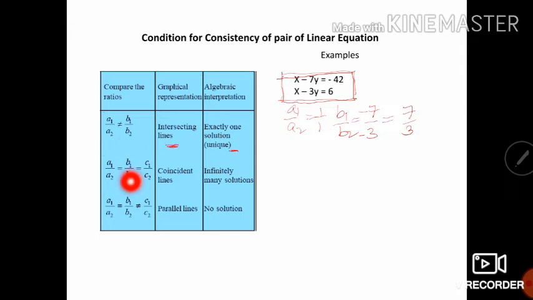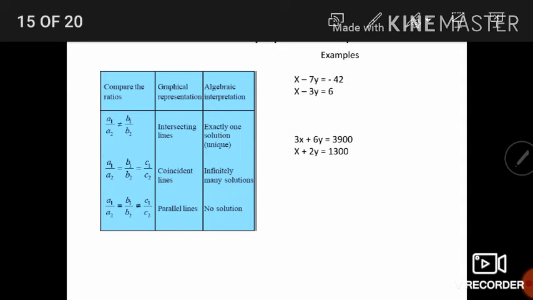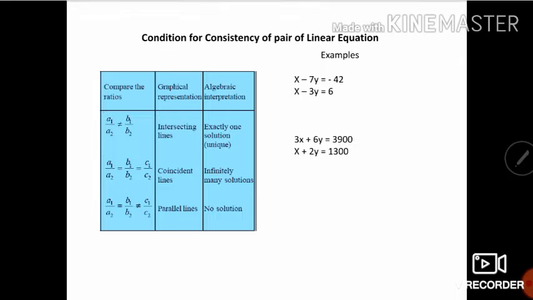If the ratio a1 upon a2 is equal to b1 upon b2 is equal to c1 upon c2, then the pair of equations will have infinitely many solutions, as on the graph they will represent coincident lines. Look at the second equation. If we find out a1 upon a2, it is 3 on 1, b1 upon b2 is 6 on 2.